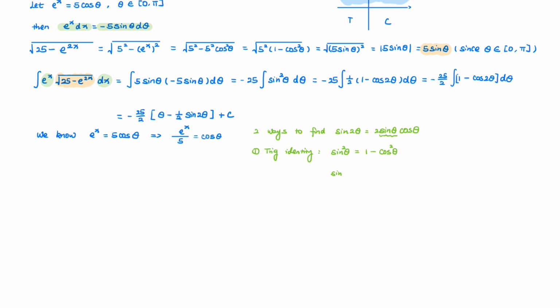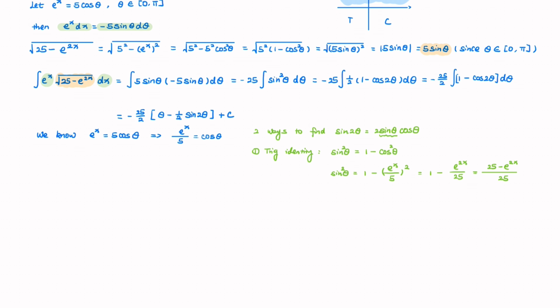That means sine squared theta equals 1 minus e to the x over 5 squared. That's going to be 1 minus e to the 2x over 25. In other words, you would have 25 minus e to the 2x over 25.